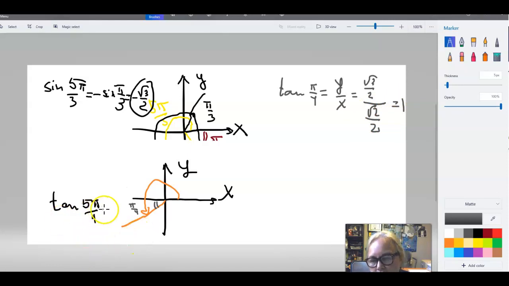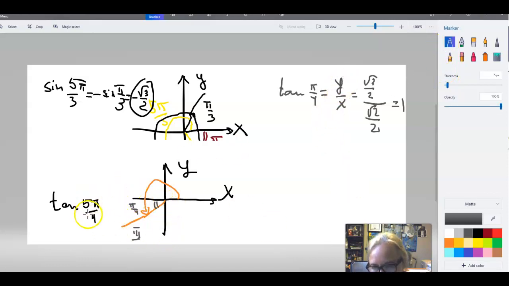Now what about the third quadrant? The x coordinate will be negative and the y coordinate negative, so the entire tangent will be positive. We need to keep in mind the sign as well. The tangent will be positive because it's the ratio y to x.